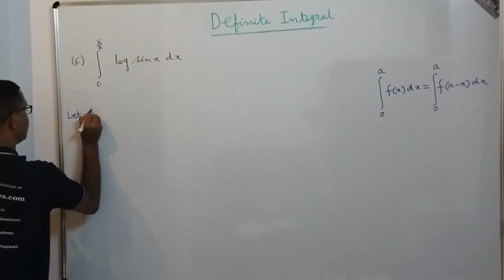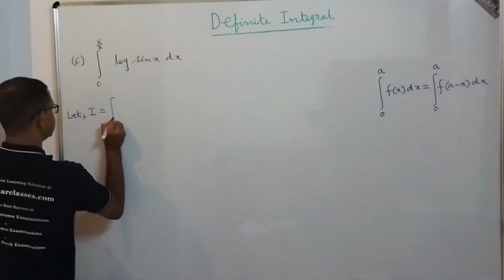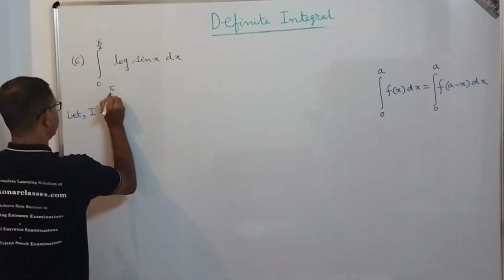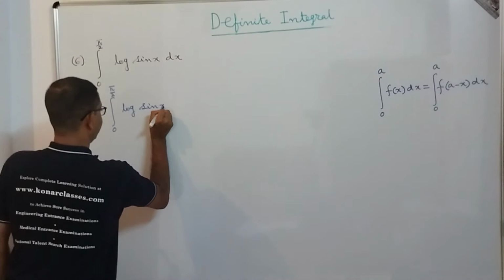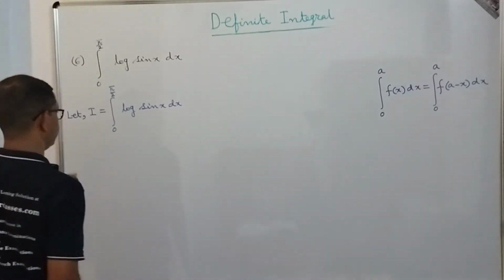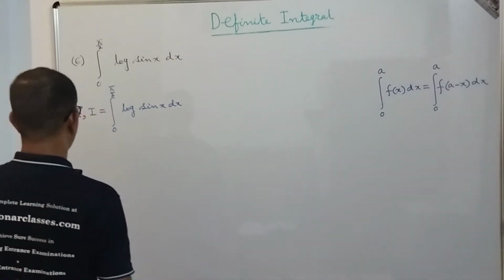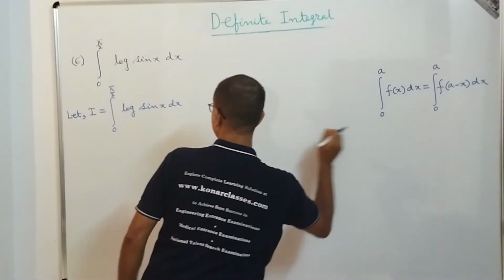So let us consider this given integration as I. So let I be equal to integration 0 to pi by 2 log sin x dx. Now using this property, what can we write, dear students?